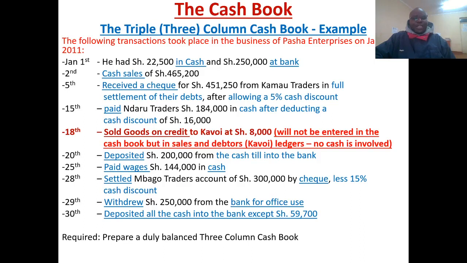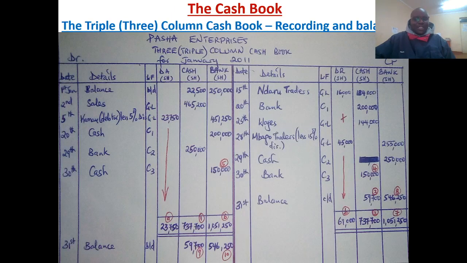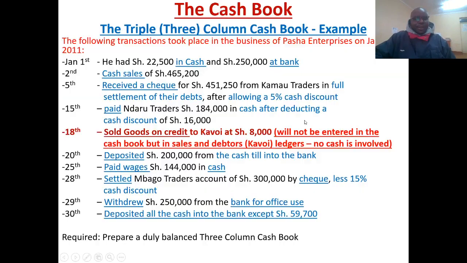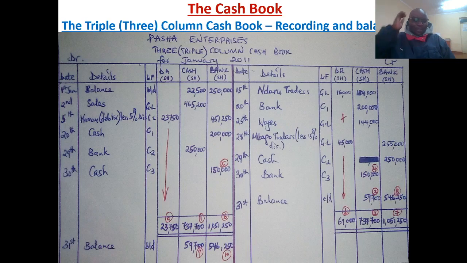On 25th, they paid wages equivalent to 144,000 in cash. Payment, cash column, 144,000 wages. On 28th, they settled Bago Traders account of 300,000 by check, less 15% cash discount.